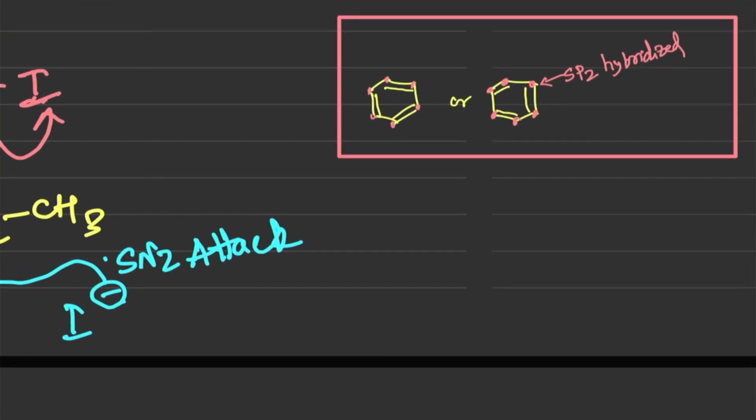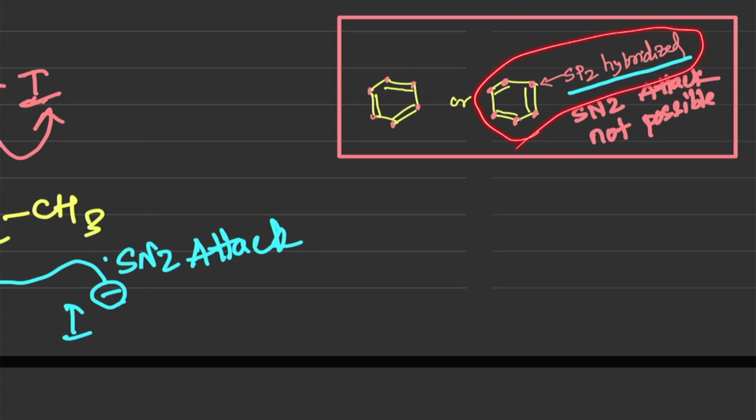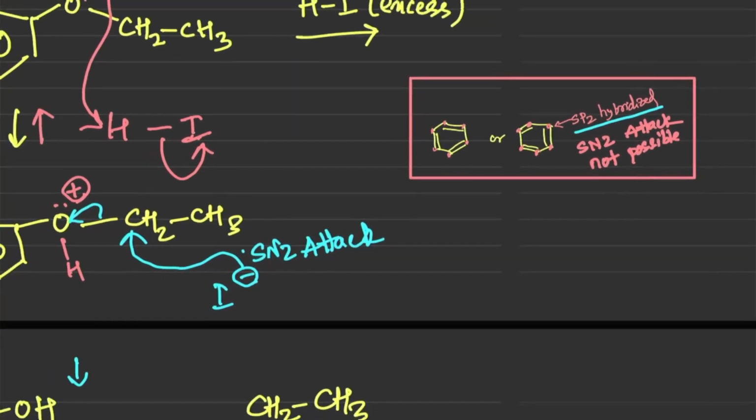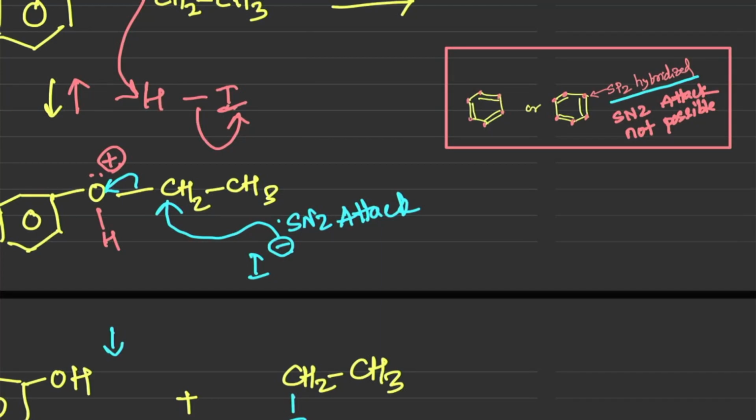All of these carbon atoms are sp2 hybridized, and if a carbon atom is sp2 hybridized, then an SN2 attack is not possible. SN2 attack does not happen on an sp2 hybridized carbon atom, so you cannot do this.